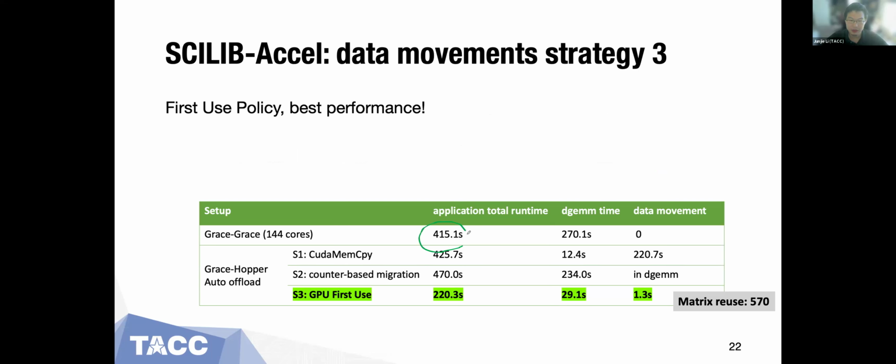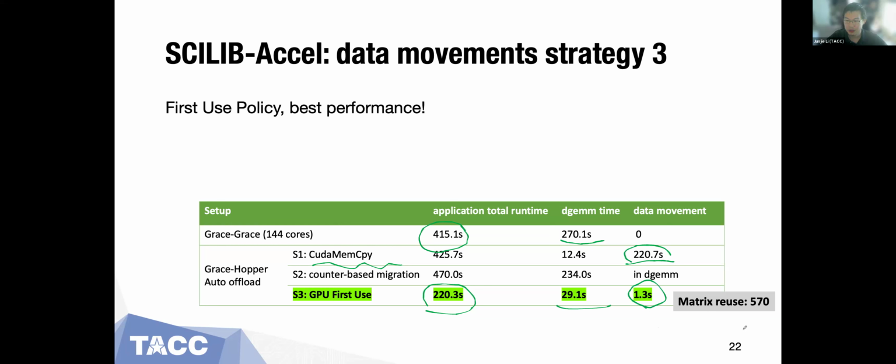Originally, we had 415 seconds on the CPU, and by using the GPU first touch data management approach, we bring the total runtime down to just 220 seconds. Okay, and DGEMM time was originally 270 seconds, and now it's just 29.1 seconds. When doing the CUDA memory copy, we spent 220 seconds in data movement, but now using GPU first use, we trimmed that down to just 1.3 seconds.